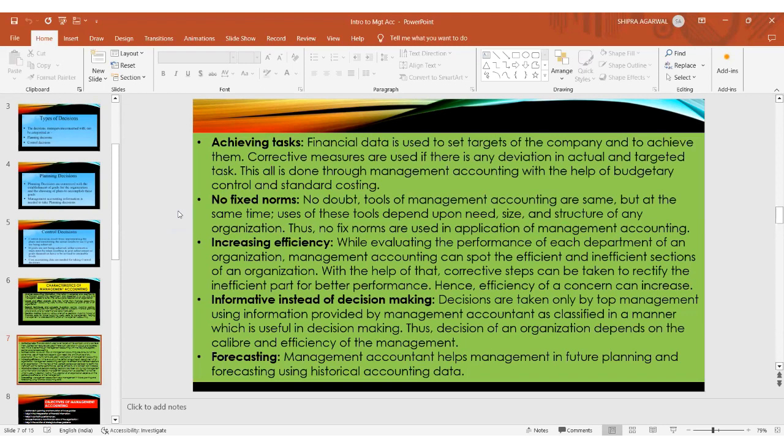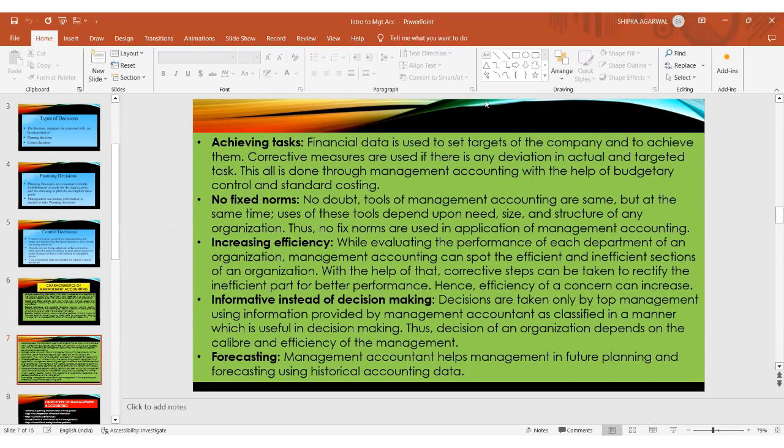Because every person, every organization, they have a different way of planning, right? You might plan in a different way, I might plan in a different way. So similarly, even the organizations, they have different ways of planning. And if they have different ways of planning, there is no fixed norm that you have to apply for management accounting, for planning, and nobody is going to disclose their way of planning, right?